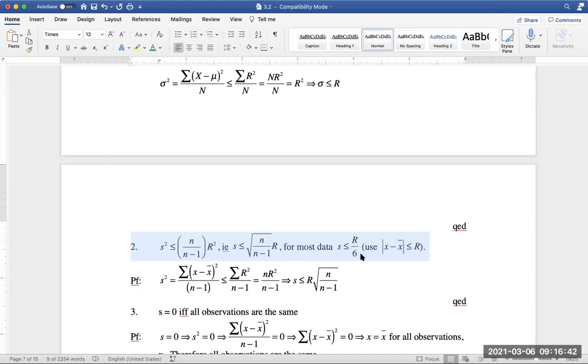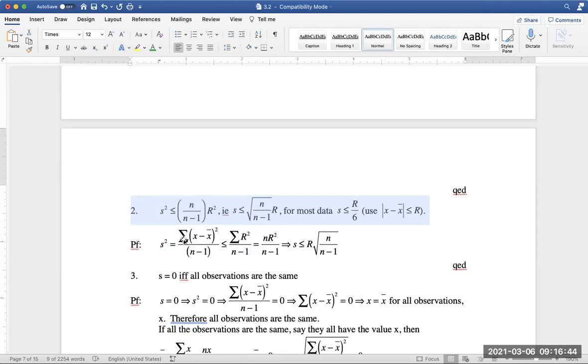So again, we have that S squared is equal to the sum of X minus the sample mean, squared, all divided by n minus 1. That's the definition of the sample variance. And so this is less than or equal to the sum of, well, each of these is less than or equal to R in absolute value.